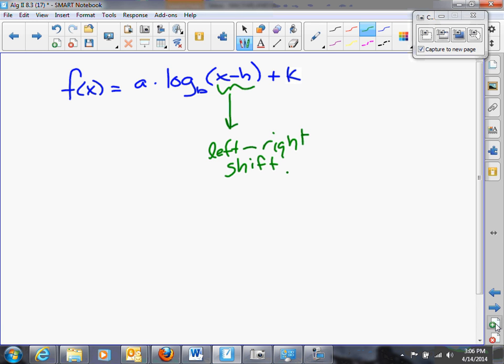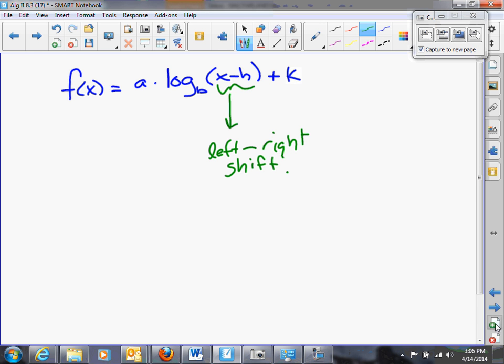What we're doing is subtracting h from x before we perform the function, and that affects the function by shifting the graph either to the left or the right. If it's x minus 2, we would go 2 to the right. If it's x plus 3, that would shift the whole graph 3 to the left, okay? So the number that's added or subtracted to x before we perform the logarithm is a left-right shift.